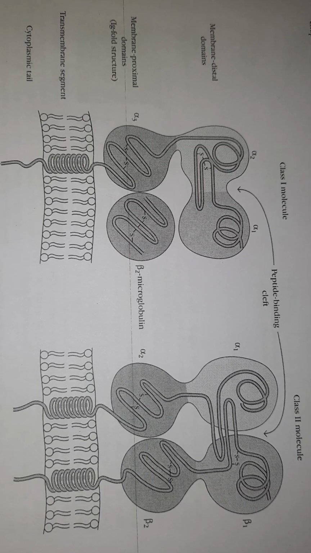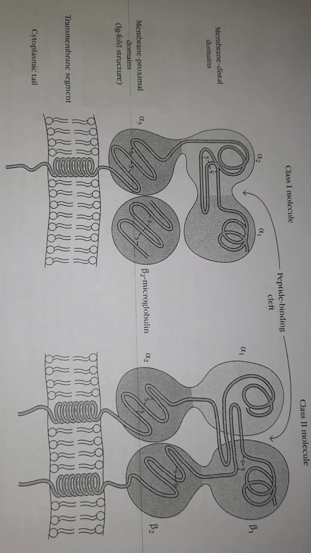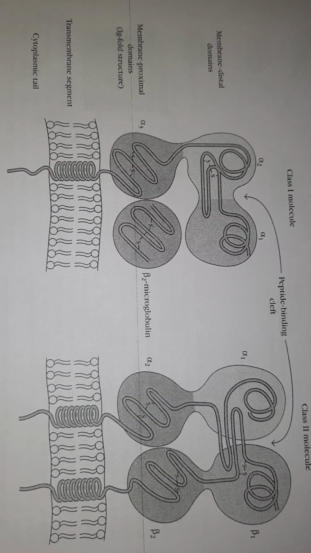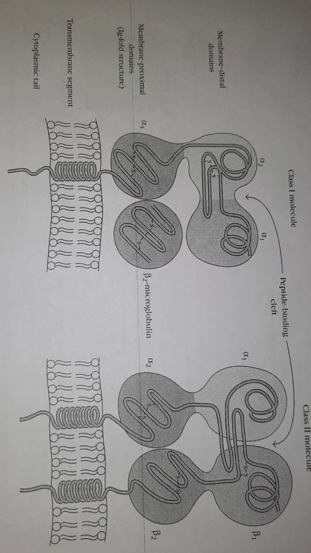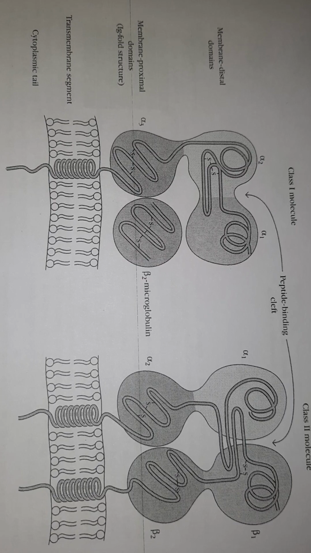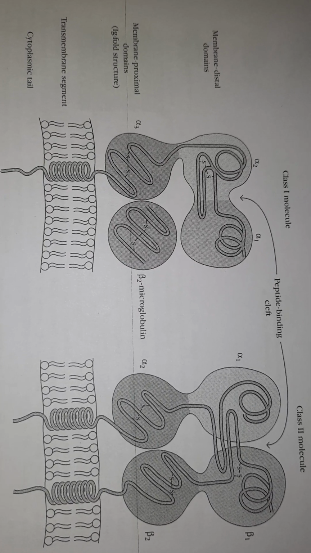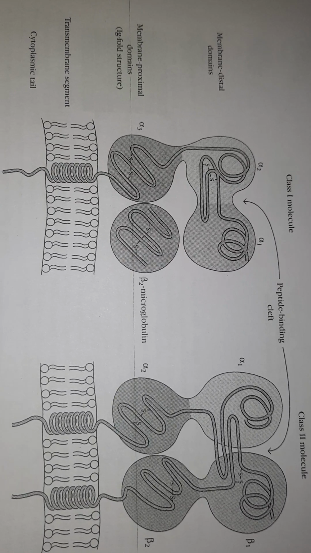Each chain in the class 2 molecule contains two external domains: alpha 1 and alpha 2 domains in one chain, and beta 1 and beta 2 domains in the other chain. The membrane distal domain is made up of alpha 1 and beta 1, and the membrane proximal domain is made up of alpha 2 and beta 2.